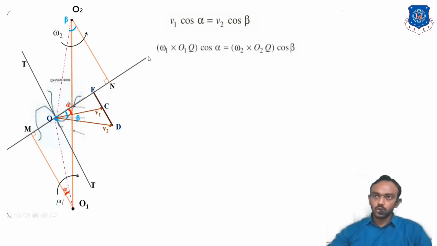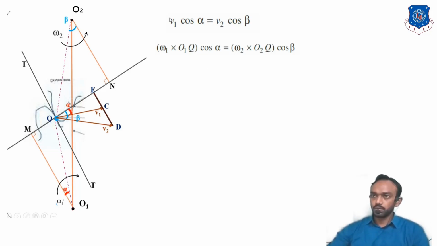Check this out: omega 1 into O1Q cos alpha. The same goes for V2. V2 is equal to the angular velocity of that gear times the distance from O2 to that point. So this is O2, omega 2 into O2Q.